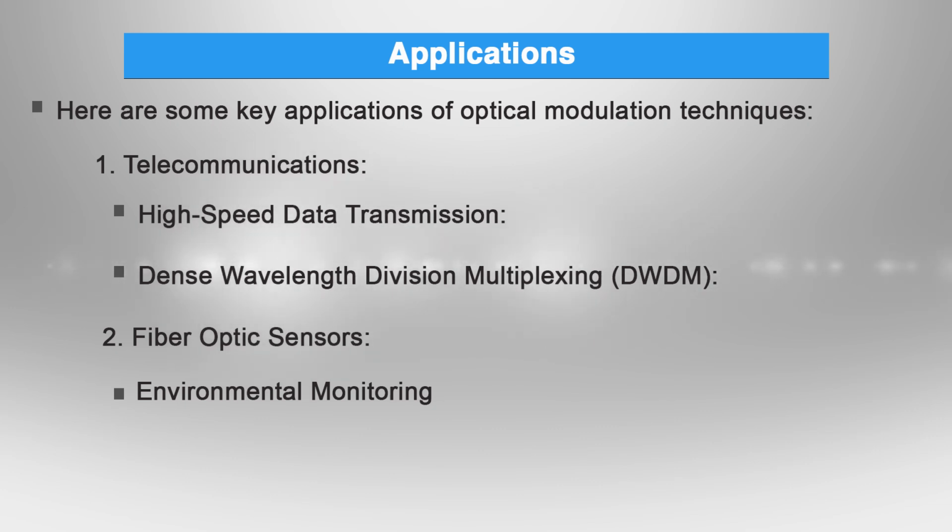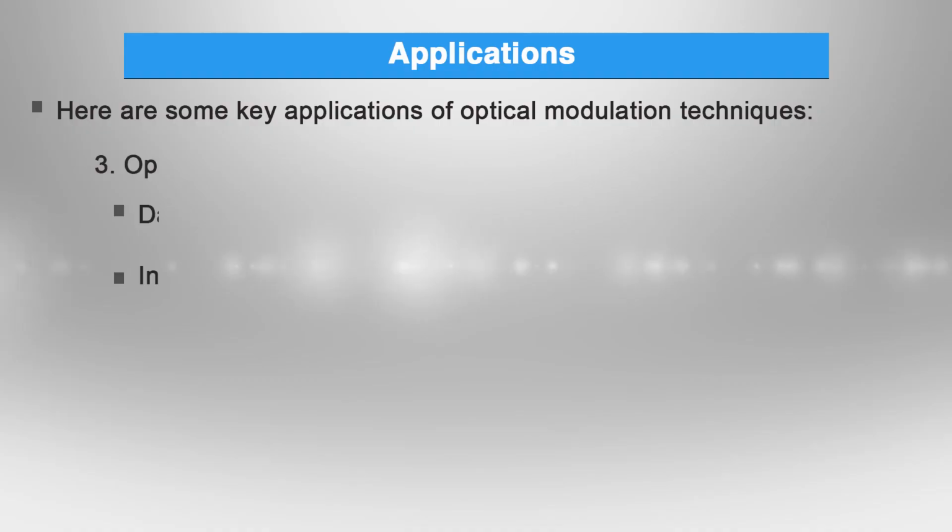These sensors are widely used in infrastructure monitoring, aerospace and industrial applications. Next is biomedical sensing. Modulation techniques are employed in optical biosensors to detect biological changes such as glucose levels or the presence of specific proteins through changes in the optical signal.